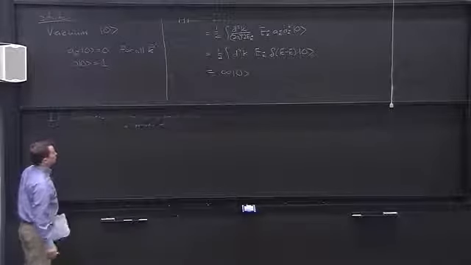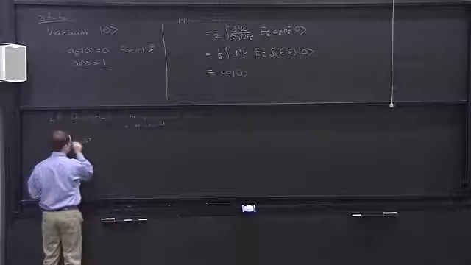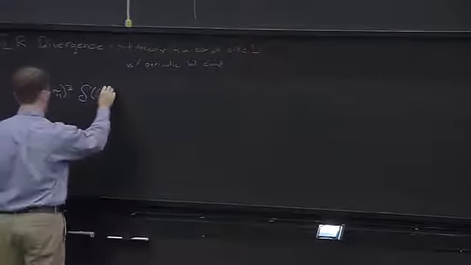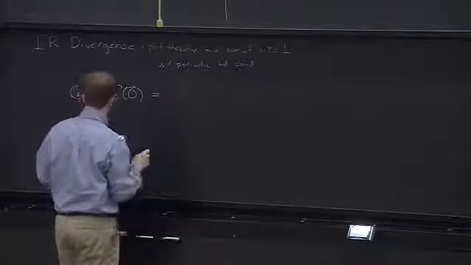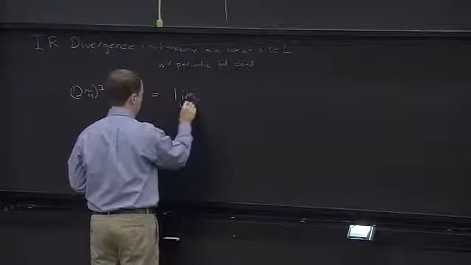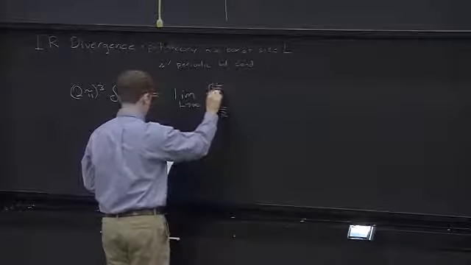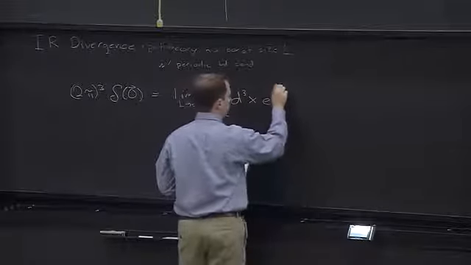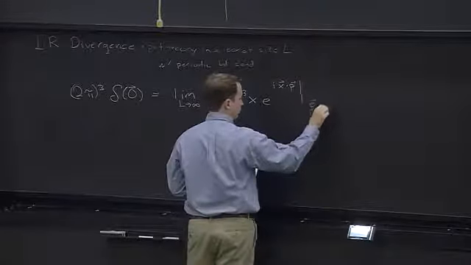And so we can try to understand this first divergent factor, which is delta of 0, so delta of k minus k up there, as follows. We can write this delta function in a slightly unusual way: as the limit L goes to infinity of the integral from minus L over 2 to L over 2 of d^3x e^{i x·p}, evaluated at p equals 0.